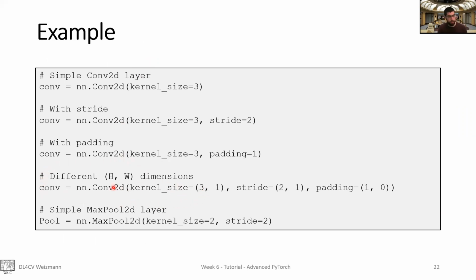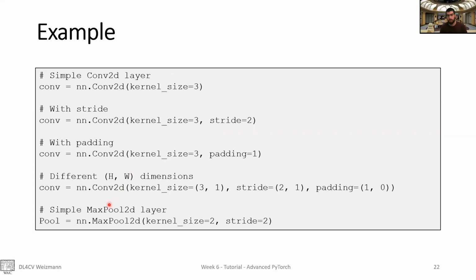Here we define a convolution layer, which has kernel size of 3 in the height dimension and 1 in the width dimension, has stride of 2 in the height and 1 in the width, and padding of 1 at the top and the bottom, and 0 on left and right. Okay, so this is the terminology. It's also used in other convolution-like operations like maxpool.